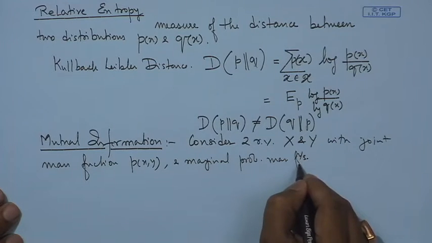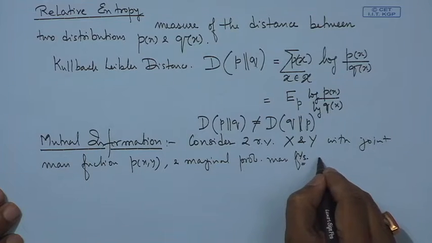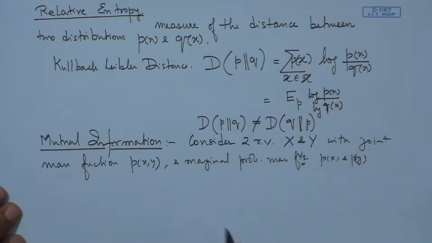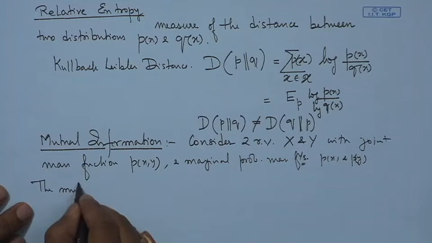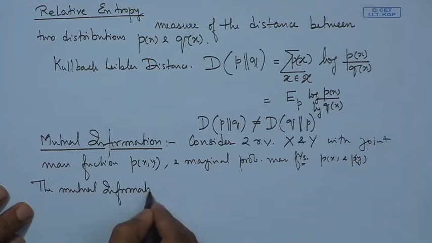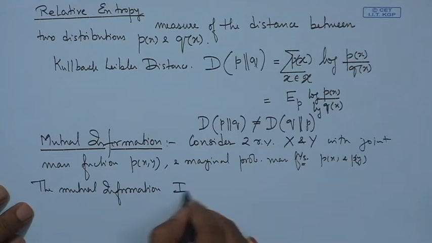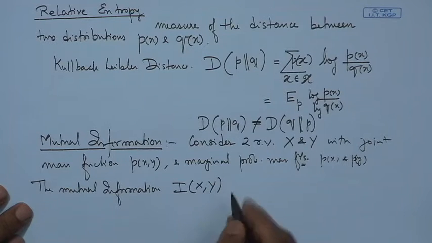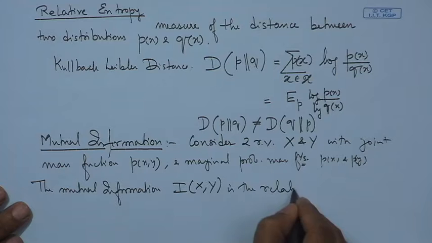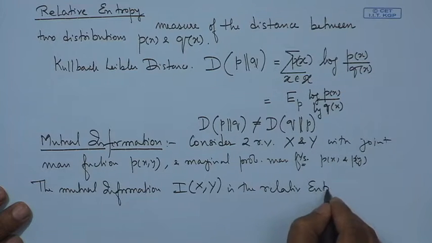I would write in short, P of x and P of y. So this is the notation that we have been using. The mutual information I of xy, denoted as Ixy, is the relative entropy.